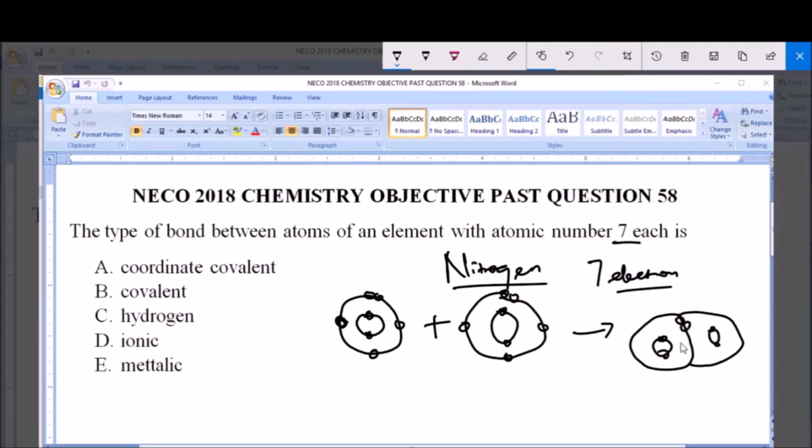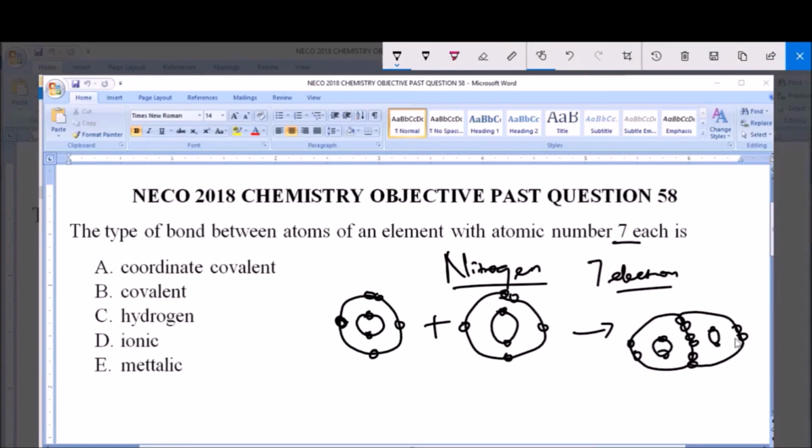If you count the total electrons now, plus the paired one, you see that the electrons are now complete on each atom, which is 1, 2, 3, 4, 5, 6, 7, 8. Now you can see that this has shared its paired electron with this, and likewise this has shared its paired electron with this.